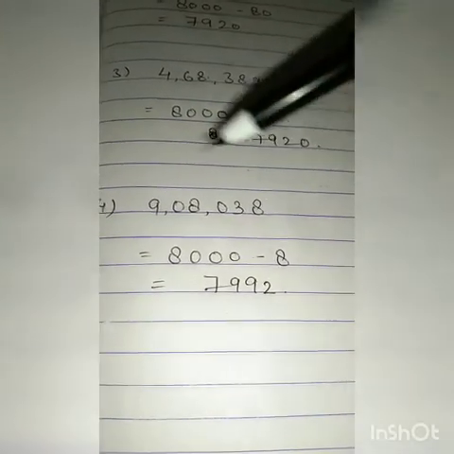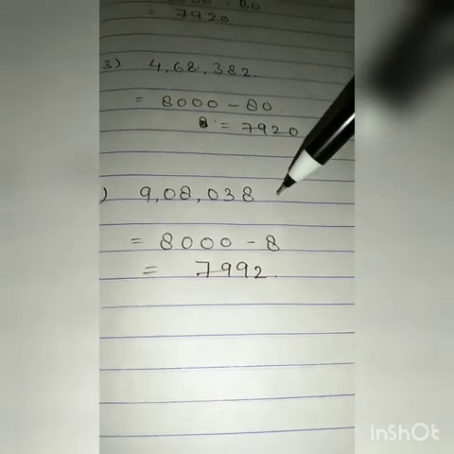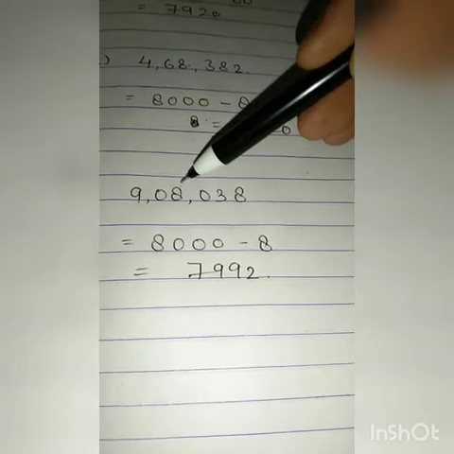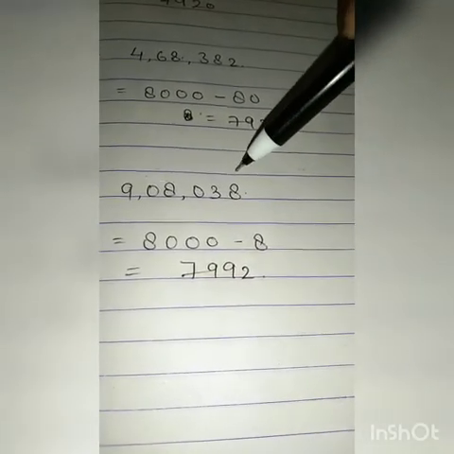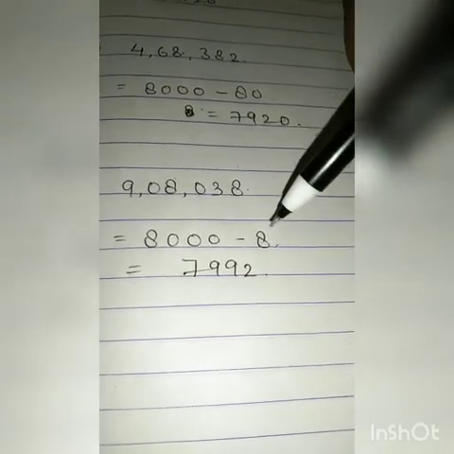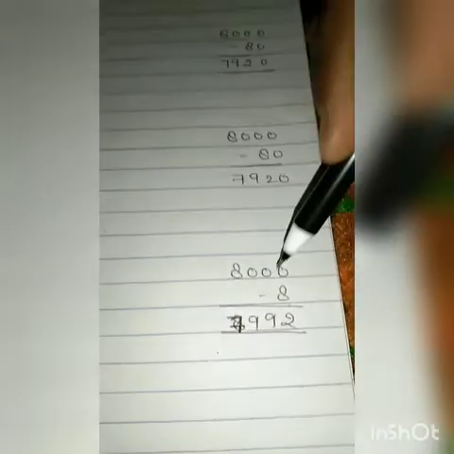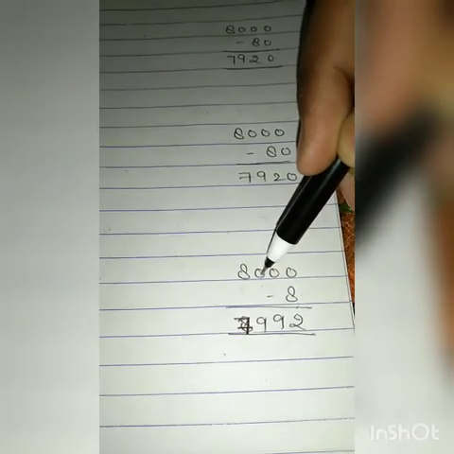Now let's see question number 4. Question number 4 is 9,08,038. This 8 is having 1000 place value, so we will write here 8,000. This 8 is having 1's place value, we will write 8. 8,000 minus 8, what will become? Now it will borrow 1 from here, it will become 10.